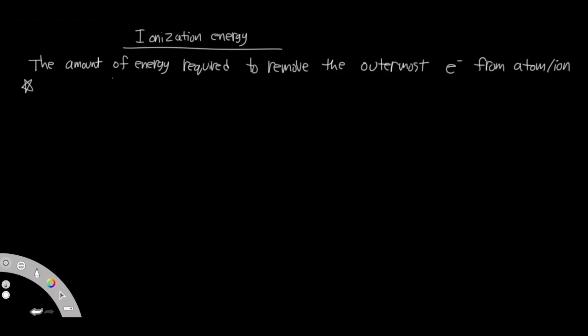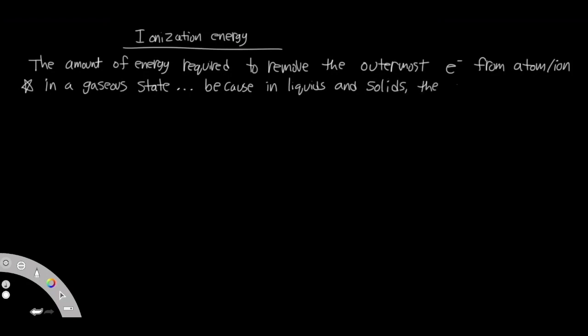Now, this needs to be in a gaseous state. All right, because in liquids and solids, the adjacent atoms, so you could say the neighboring atoms, would interfere in the measurement.